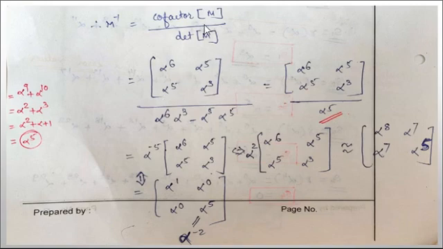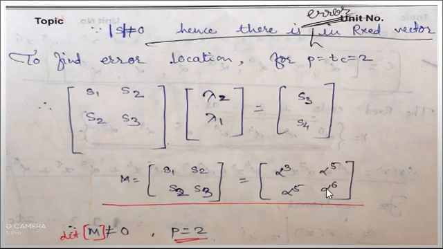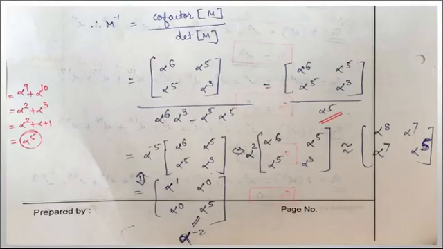That will give the adjoint, and divide it by the determinant of M. So by putting the values of S1, S2, S2, S3, and afterwards inverting it, see here, alpha raised to 6 and alpha cube will be interchanged to get the cofactor, or it is called the adjoint of M.